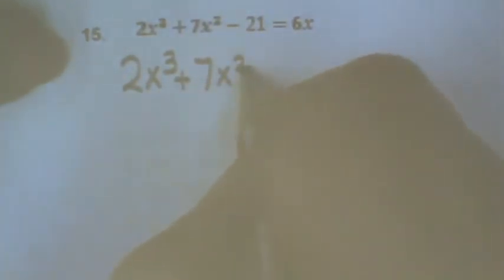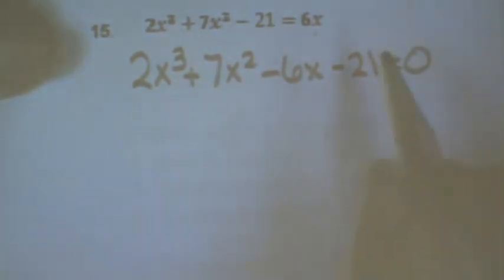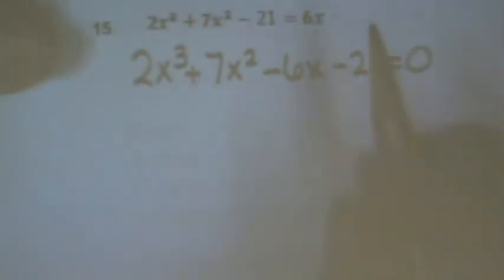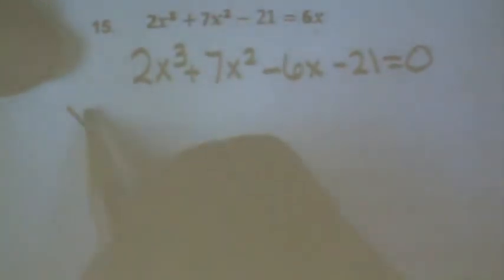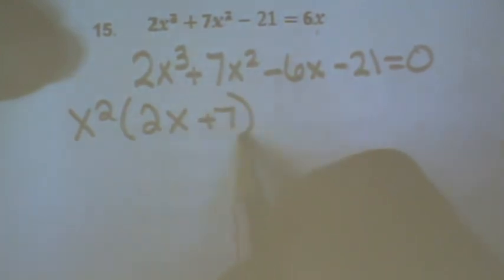2 more. This one says 2x cubed plus 7x squared. I'm going to bring 6x over, make it negative 6x minus 21. It appears that we could factor out an x squared here, let's try this. And we are left with 2x plus 7.